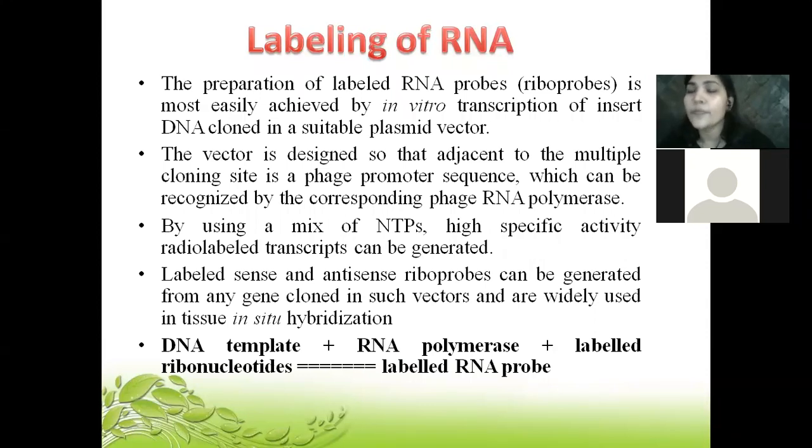So basically, RNA probes are generated from target DNA which is inserted into a plasmid vector. So basically, when you have a vector with plasmid DNA inside it, you will be able to get the RNA.